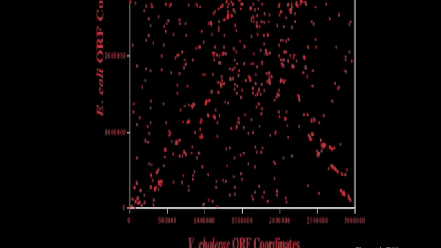So if we're comparing E. coli to Vibrio, it may be hard to realize what this X means, but let's say we have a gene in Vibrio, gene A. The equivalent gene in E. coli may be here. If we have gene B, the equivalent gene in E. coli may be on the other side of the origin of replication, but it's the same distance from the origin of replication.